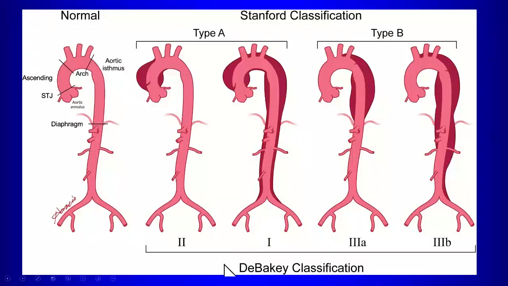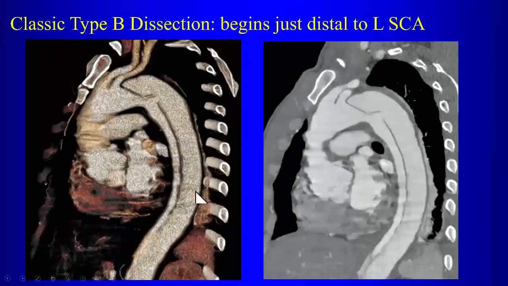Okay. So we talked about the classification. Now your classic type B dissection, the flap starts just distal to the left subclavian artery. In this case, you can see that many times the entry tear is located distal to that. We can identify the entry tear now in many of these cases because our CT scanners are fast enough, even without cardiac gating, to define the entry tear.